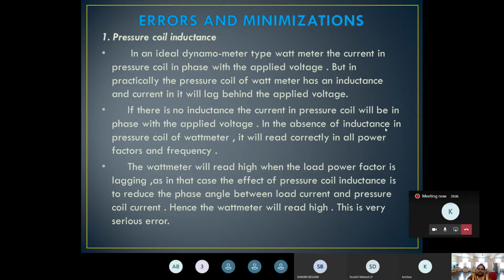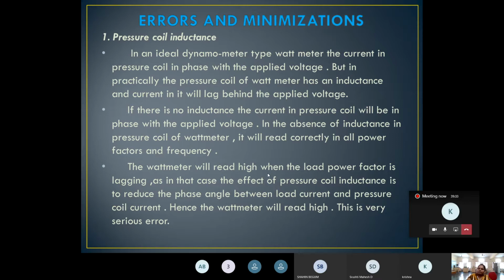In the absence of inductance in the pressure coil of the wattmeter, it will read correctly at all power factors and frequencies. That is what the second point is telling us. If we do not use the inductance, I can measure the correct power factor and also the frequency.